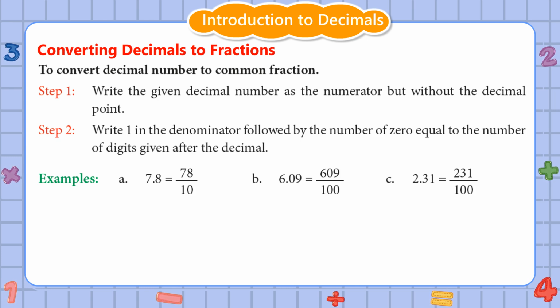B. 6.09 is equal to 609 upon 100. C. 2.31 is equal to 231 upon 100. D. 4.586 is equal to 4586 upon 1000. E. 12.84 is equal to 1284 upon 100.